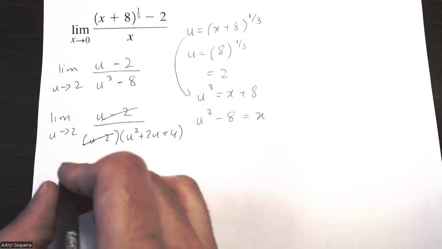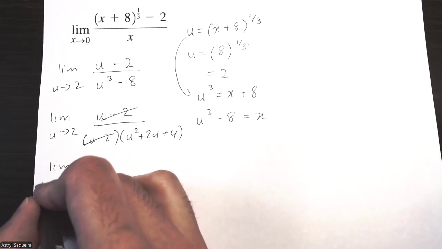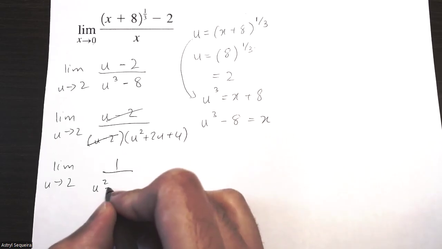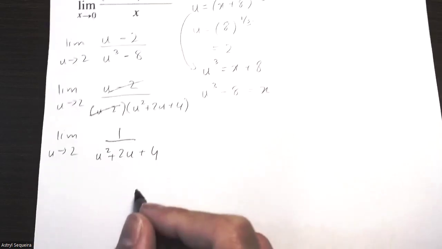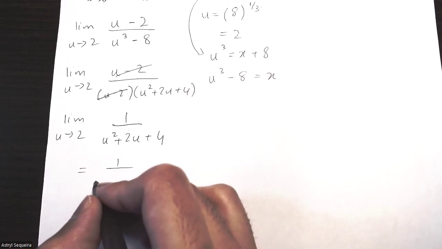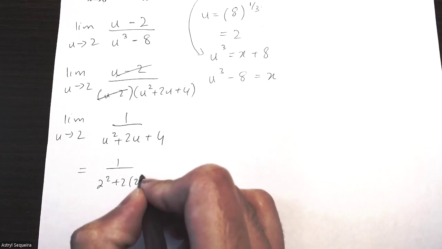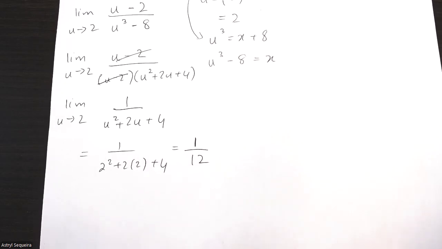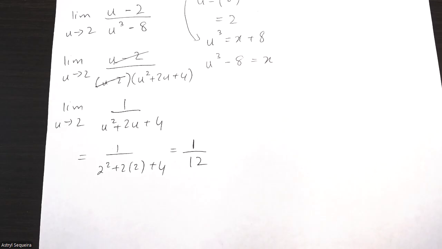Cancel that. Basically going to give us the exact same answer as the last question. And then sub in my limit: 1 over 2 squared plus 2 times 2 plus 4, which is just 1 over 12, exact same answer as the previous question.